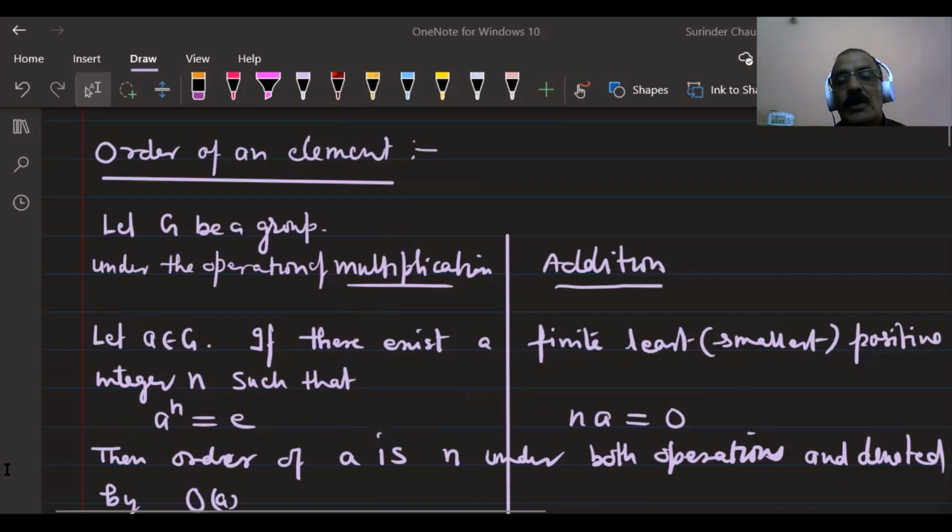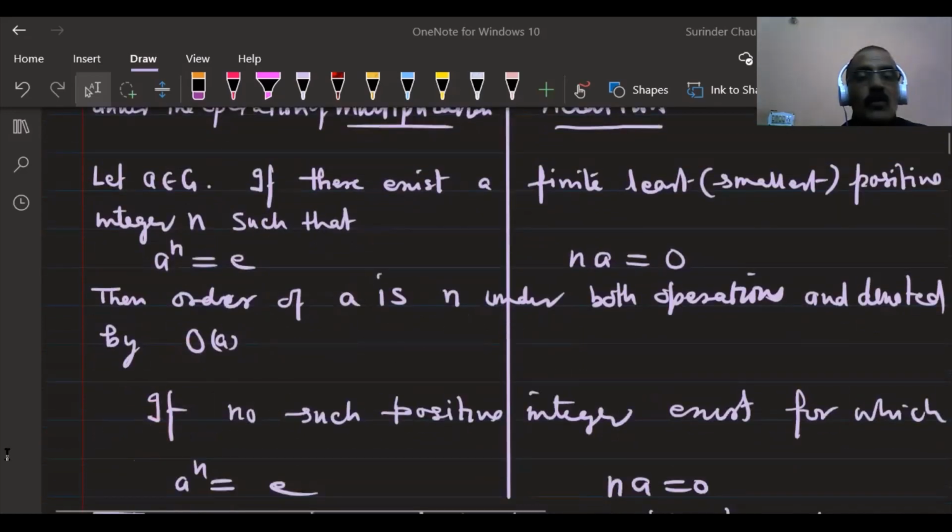If n times a is equal to the identity element 0, the identity element for binary addition, where n is the finite least positive integer, then the order of a under addition is n. It is denoted by order of a, the order of an element.